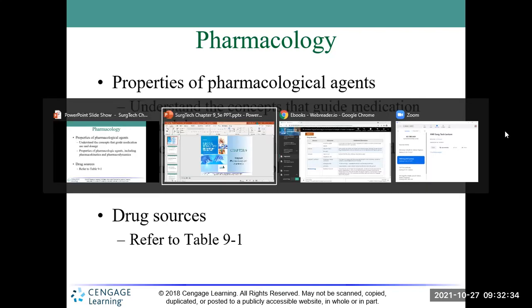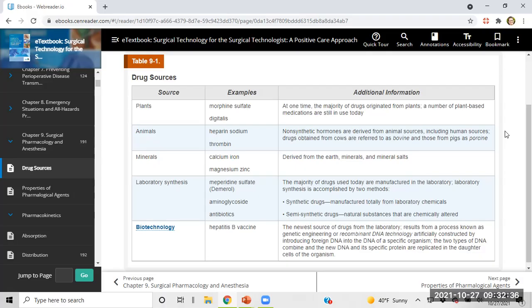Now, we're going to go ahead and jump over to the book, because here's a bunch of drug sources. So drugs are all derived from either a natural source or a laboratory synthetic. And so most have originated from a plant, animal, or mineral base and then been synthesized in a lab for larger distribution.